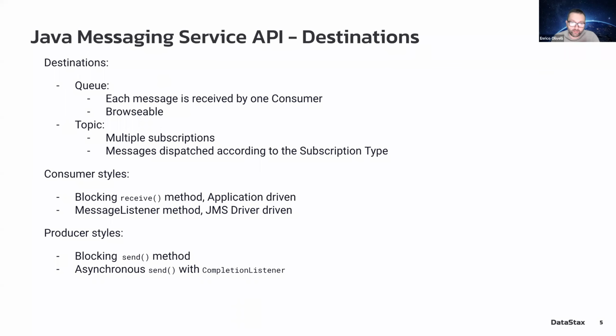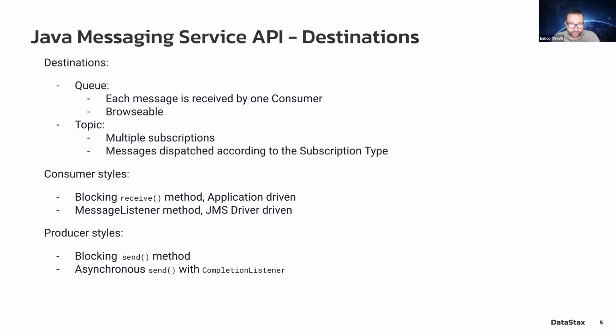You have two ways of consuming messages. There is a blocking API, the receive method, and this way it is the application that polls for messages. And you have a message listener API, and in this case, it is the JMS driver that pushes messages to the application when they are available. And you have two ways of producing messages.